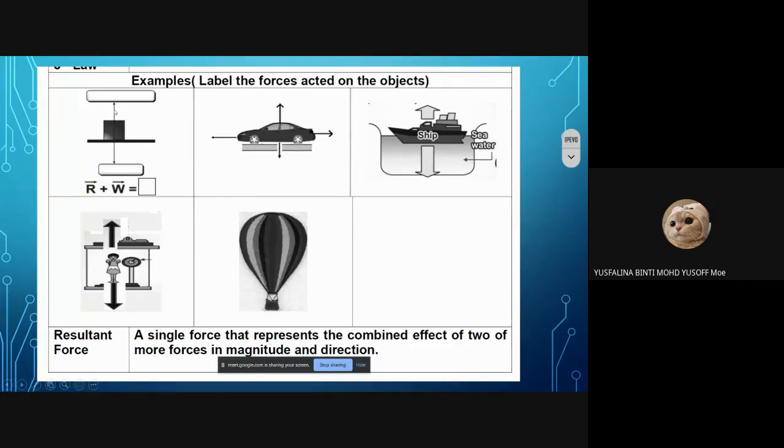If this is a box on the table, there are two forces acting on it.